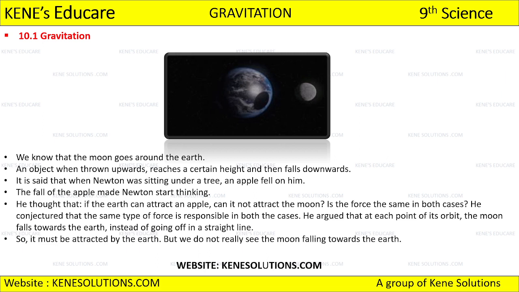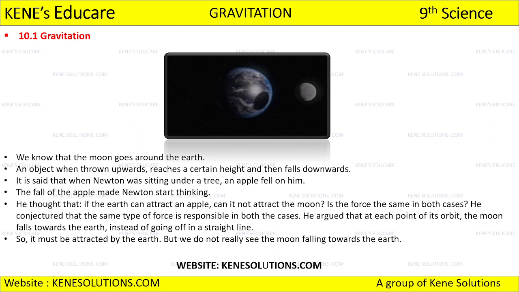It is said that when Newton was sitting under a tree, an apple fell on him, and the fall of the apple made Newton start thinking: why does everything thrown upward come down after a certain time? So this led to the discovery of gravitation.